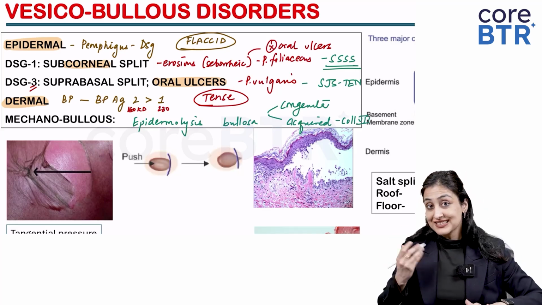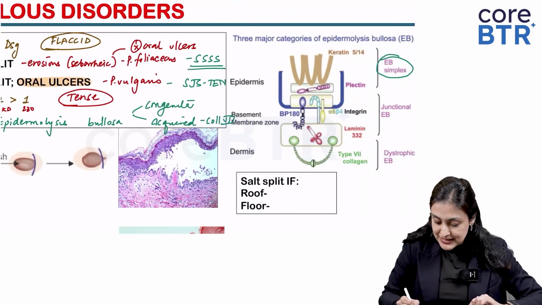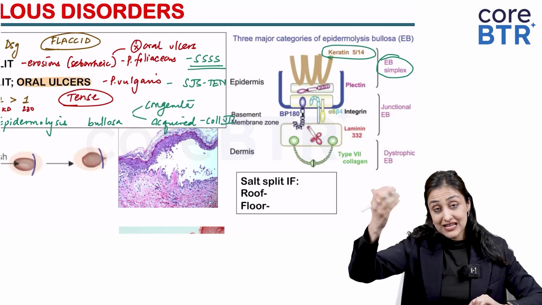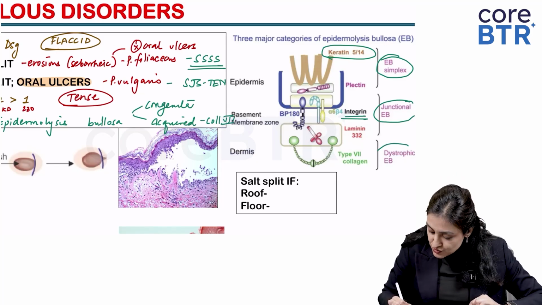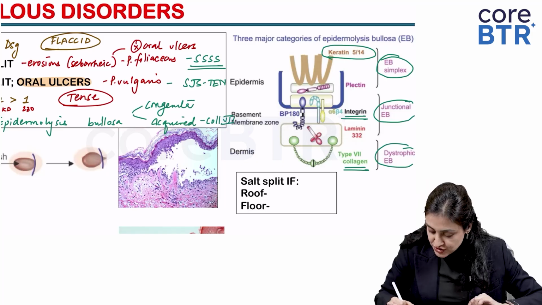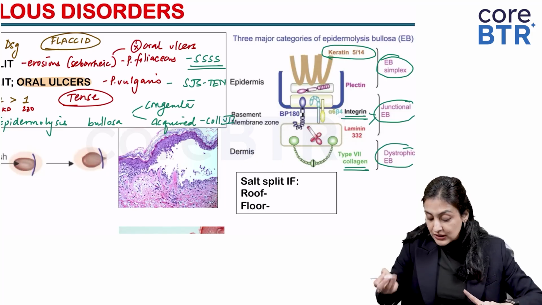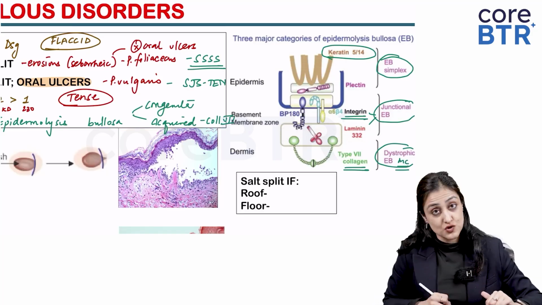In congenita, there are 3 types. You can see EB simplex affects keratin 5 and 14, which is epidermal. Junctional EB tends to affect integrin here, and dystrophic EB tends to affect type 7 collagen. So junctional can be integrin or laminin both, and dystrophic is type 7. So again, it's type 7 collagen which is most common.